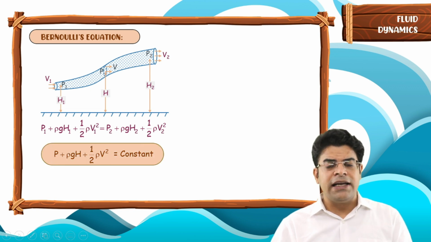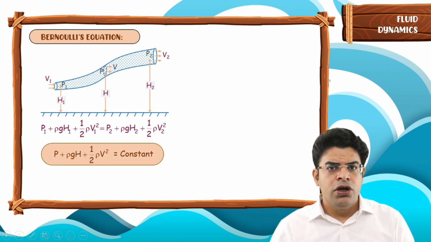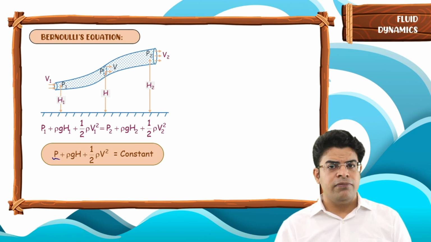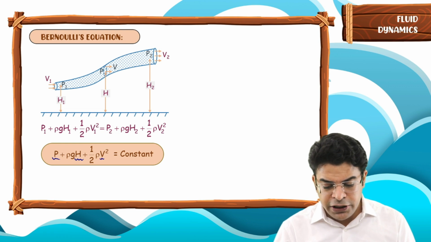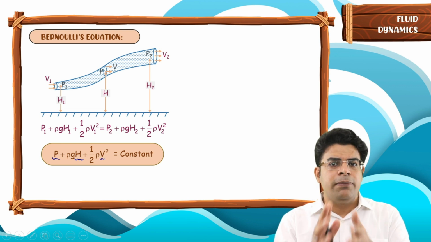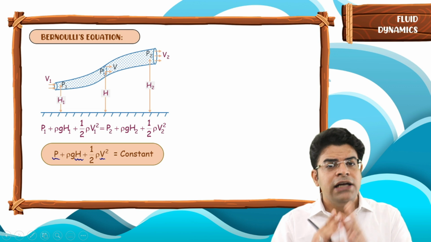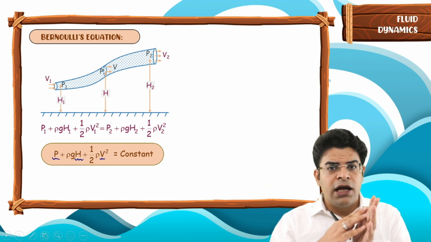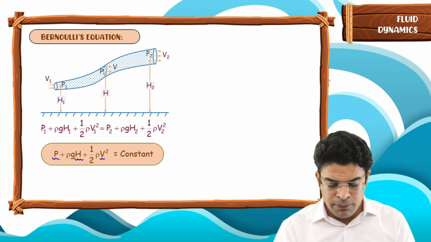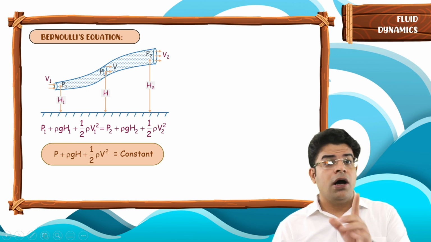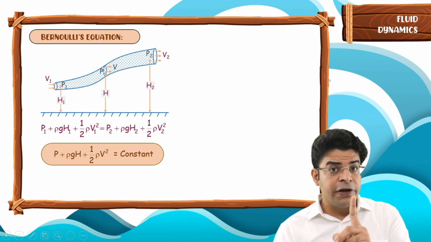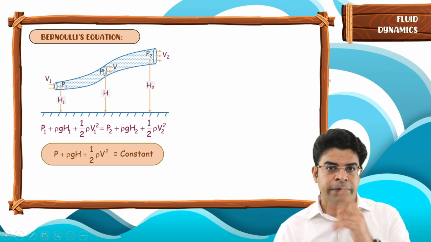So you look at any given cross-sectional area, look at the pressure of the fluid, the height of the fluid above the ground, and the speed of the fluid, and you can write the terms P plus rho gH plus half rho V square, and that will be the same for the entire stream. So P plus rho gH plus half rho V square equals constant for an incompressible non-viscous fluid flowing.